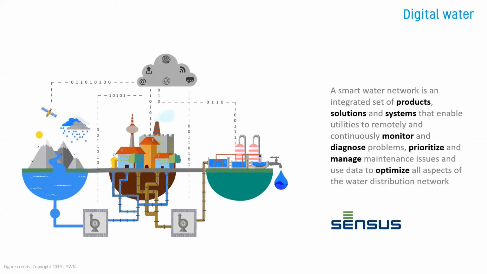So Ricardo and I basically are working every day with so-called digital water, digitalization of the water sector. It's quite a vague concept at some point because there's no unique definition of it. The one that I like to use here is the one given by Census, where they define a smart water network. We don't need to read through this. I'm just going to mention these bold keywords. So it's a mix of products, solutions, and systems.